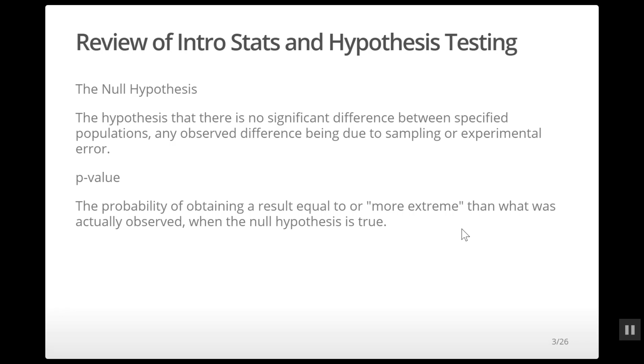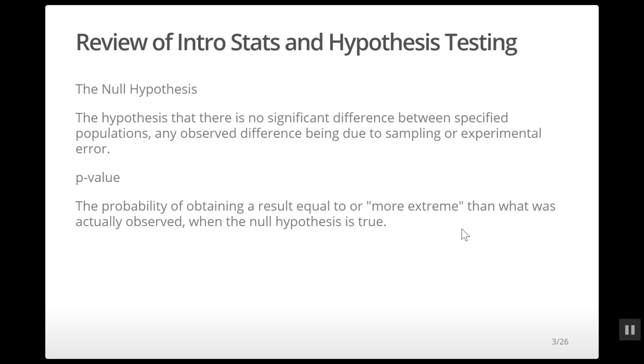Okay, so when you do hypothesis testing, you create a null hypothesis and an alternative hypothesis. The null hypothesis is going to be along the lines that there's no significant difference between populations, or that whatever we observe in our data is just a result of random sampling.